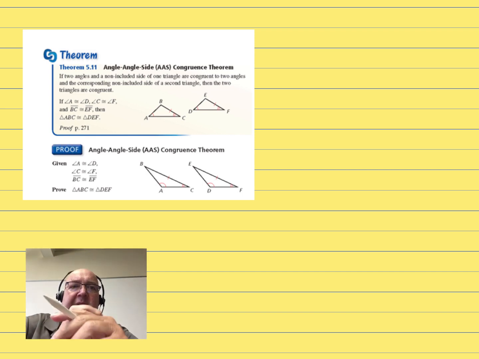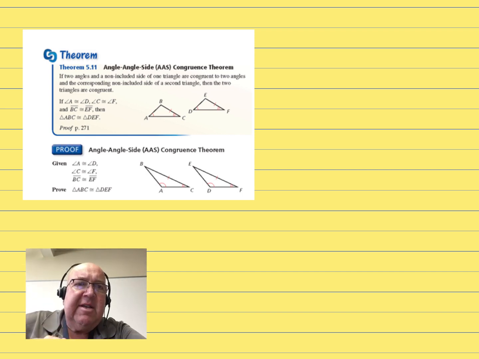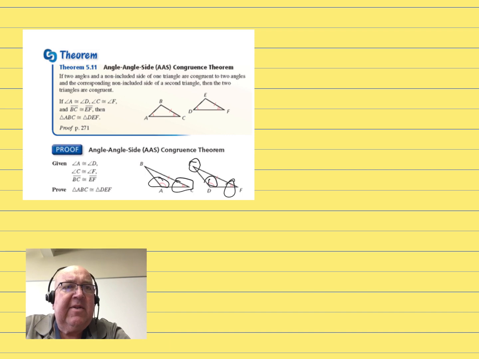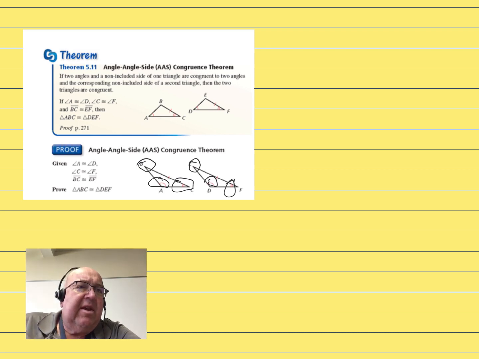So the proof here is the same. You can look and you can see that if these two angles and those two angles are congruent, then the other angles are congruent as well, because they all have to add up to 180 degrees, and if you have two in both triangles that are congruent, the third has to be congruent.